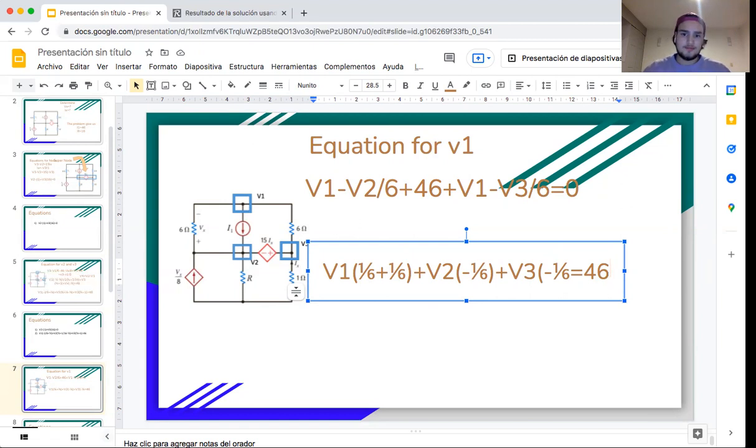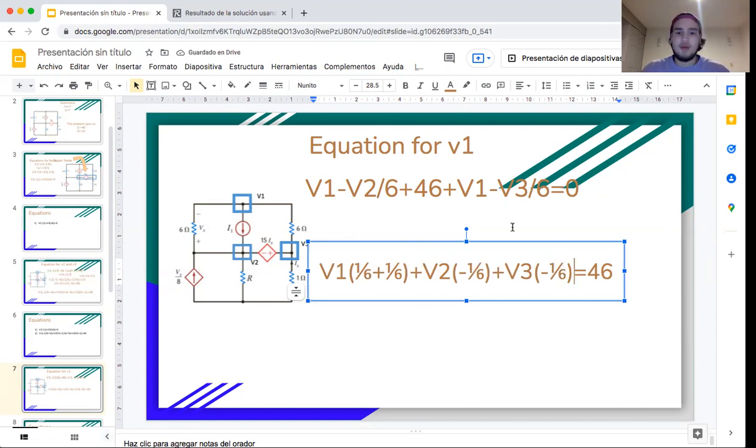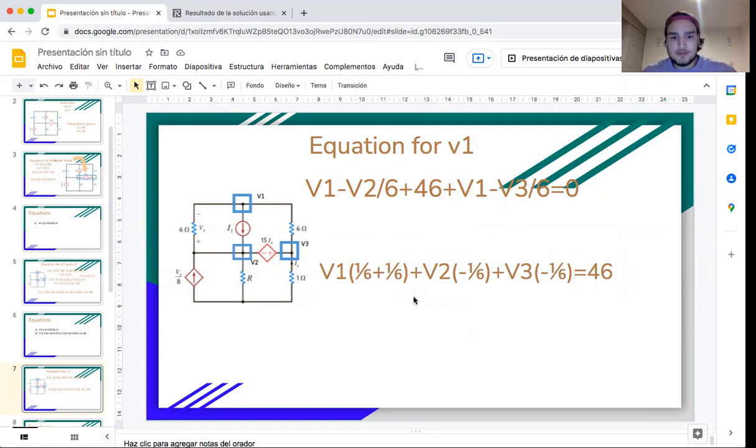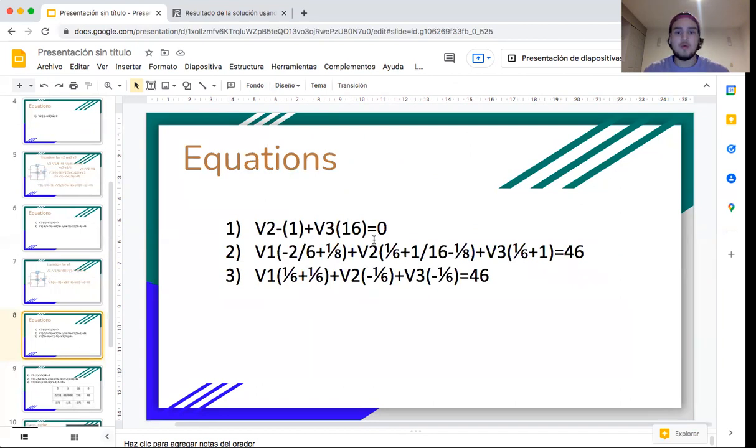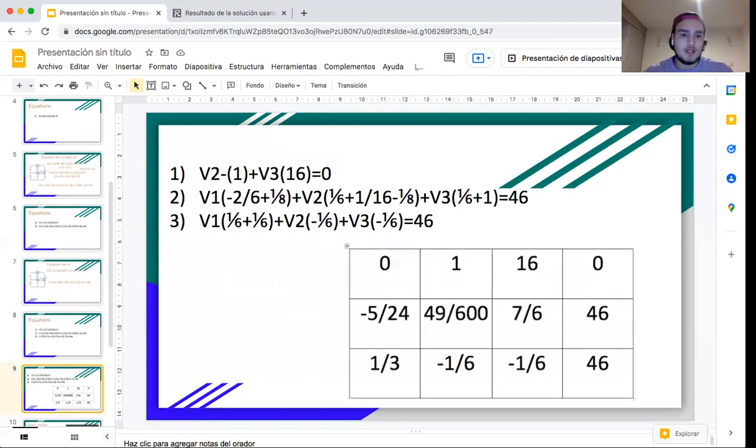Now here I missed a parenthesis. So now we have the third equation, that gives us the three equations. Now we are going to pass these equations to a matrix.